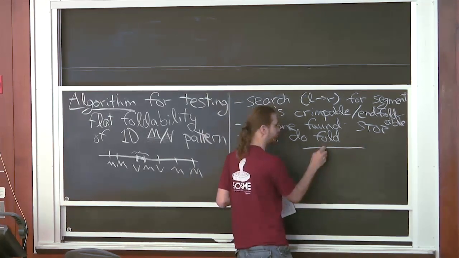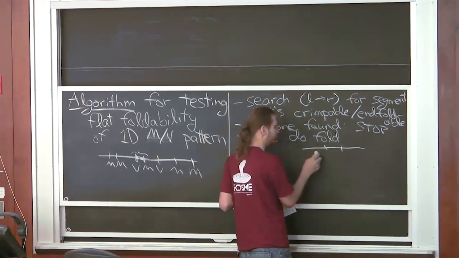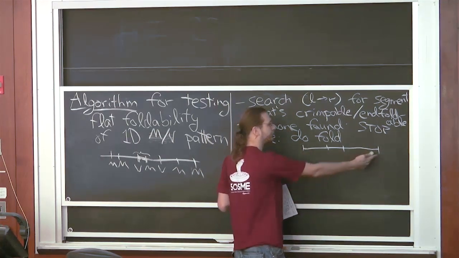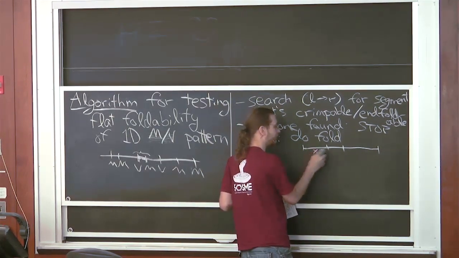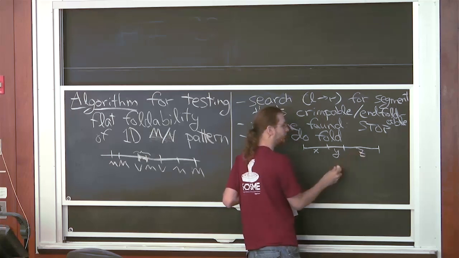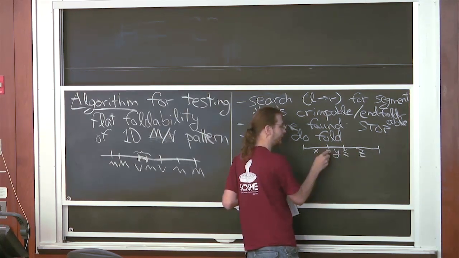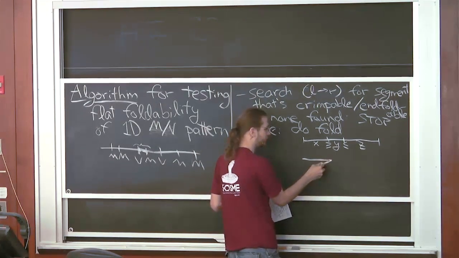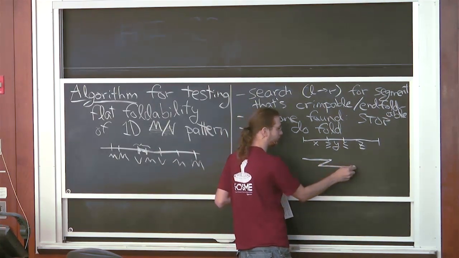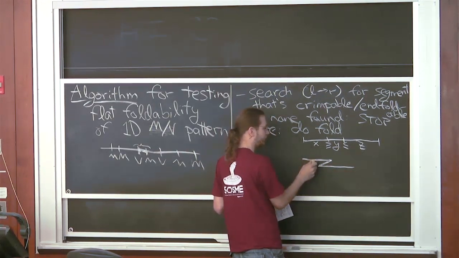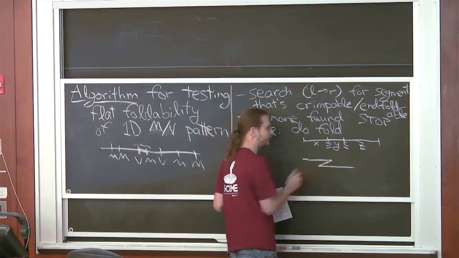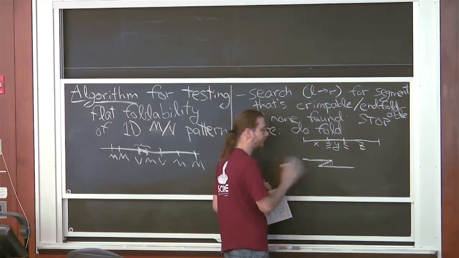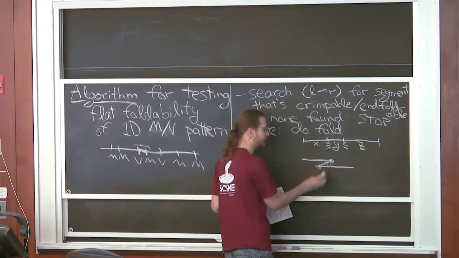I'm going to draw the picture for the crimp situation. In the crimp situation, these are the previous and next creases. We have these lengths x, y, and z. We know that y is less than or equal to z and is less than or equal to x. After we do the crimp, it looks like this. We have x, y, and z here, but we're then going to fuse this material together because these creases are done with. We don't really care about them.